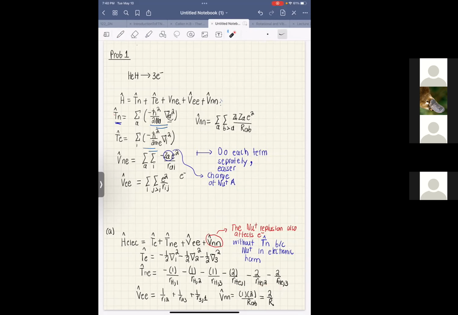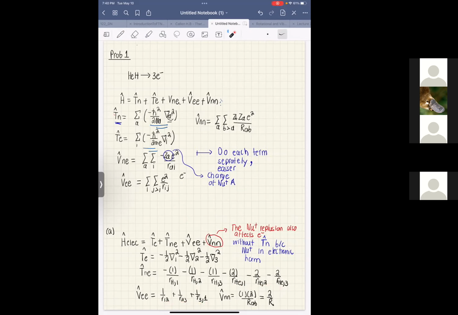And we just use the equations here to figure those out. And then finally, we have the electron repulsion. Since we have 3 electrons, we're going to have 3 interactions, and we show this here. We do each combination, and each combination leads to these 3 terms.